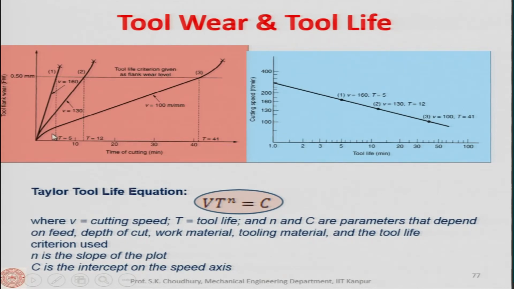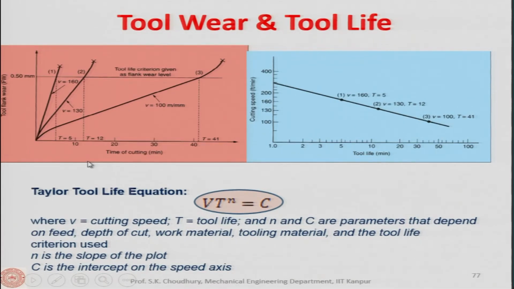The process has been carried over for maybe 40 to 60 minutes, 1 hour, and these are the curves obtained. From the experimental results, the higher the velocity, the more rapid the flank wear, of course. More speed, more flank wear. That is one conclusion you can get.